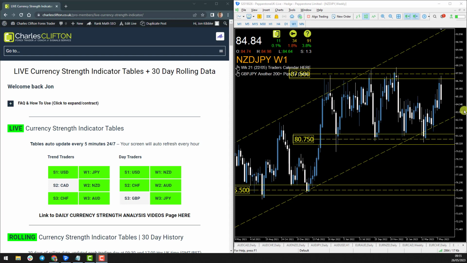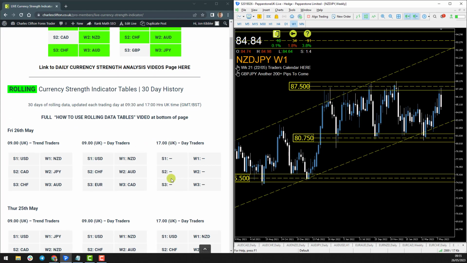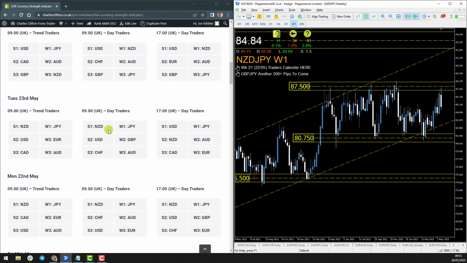Now, Kiwi yen was one that we stayed away from in the end. You can see I'm on the weekly chart over here, and we actually saw the New Zealand dollar flip from being a strong currency to a weak currency this week. At the start of the week, Kiwi was on the strong side of the tables.